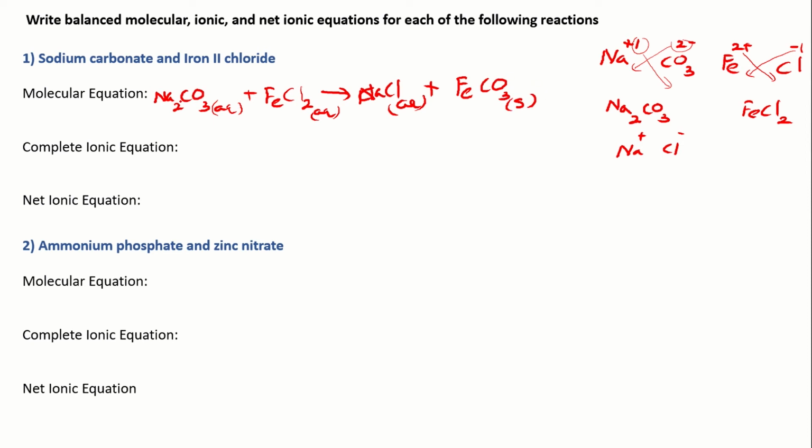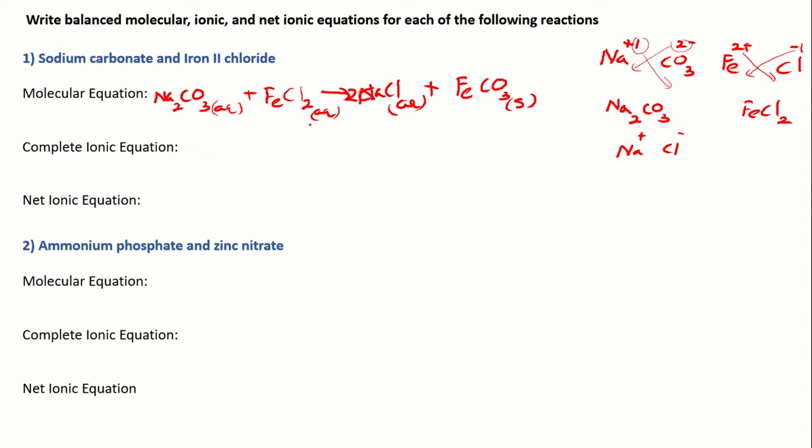See if your equation is balanced. Is it balanced? Not yet. You have 2 sodiums over here. So put the coefficient 2. Now you have 2 sodiums and you have 2 chlorines. Now the equation is balanced. Write the complete ionic equation.